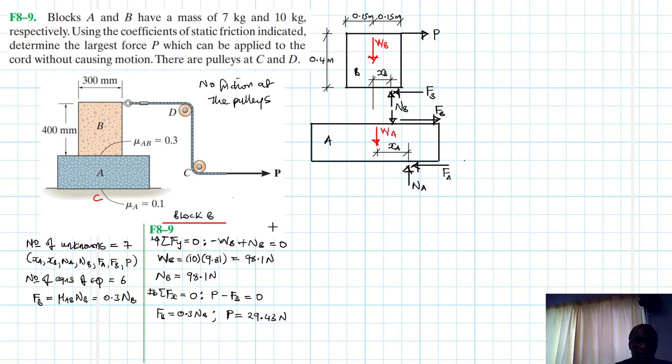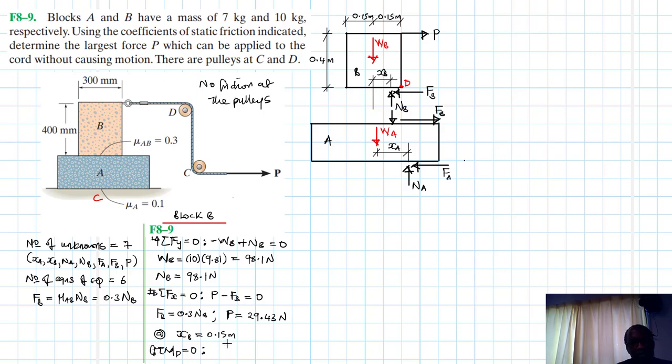Alright, so let's also check the maximum at xb equal to maximum 0.15 meters. So we'll say, we can call this point D. So we'll say summation of moments about point D equal to 0, and clockwise being our reference.